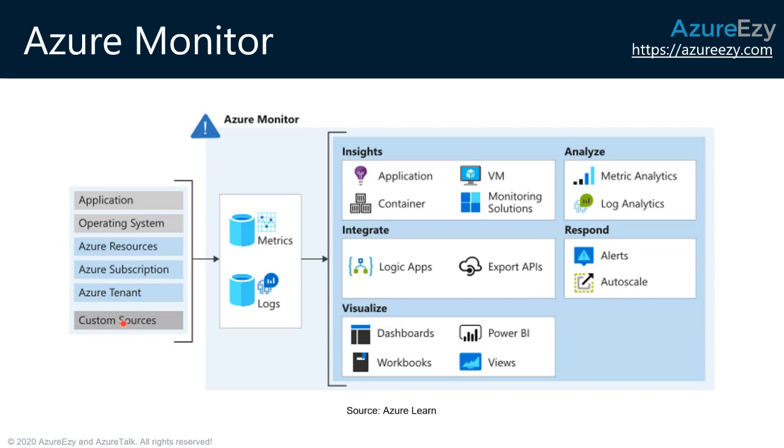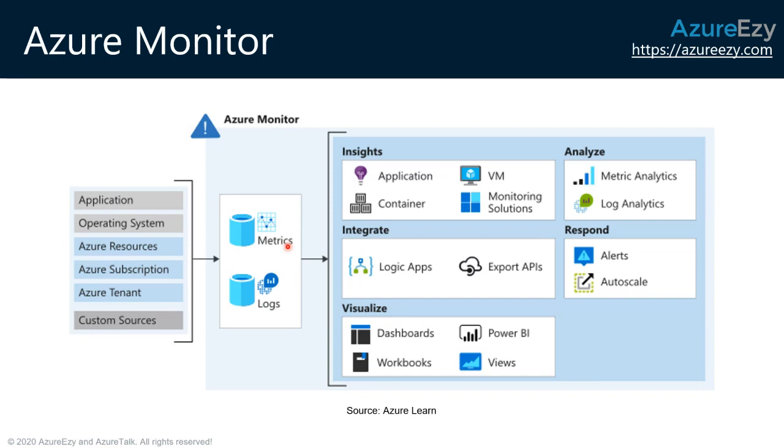Once you get the metrics and the logs, the log contains the metrics. Metrics means the data that is coming in, like CPU usage, memory usage, all those kinds of metrics. Once you have them, you can analyze them at the Azure Monitor level itself. You can have a log analytics workspace where you can run queries and find out what is happening.